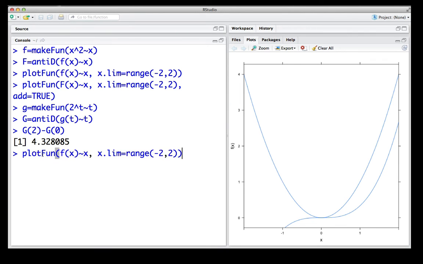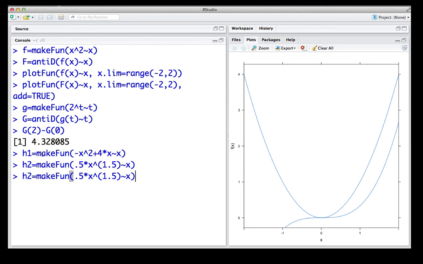So let's do one more example. If we have two functions, h1 and h2, there is an example where we talked a little bit about area under a curve, and I indicated that we would talk more about that later. So let's just plot these first.